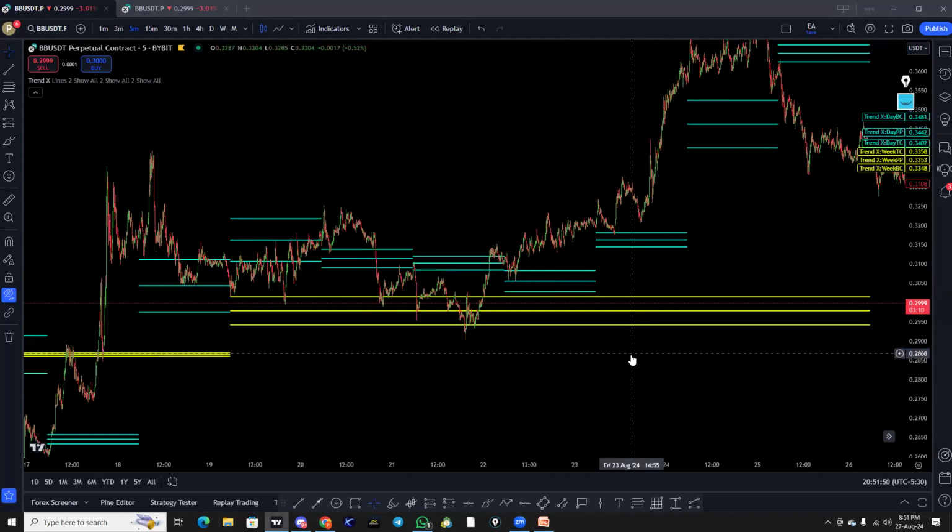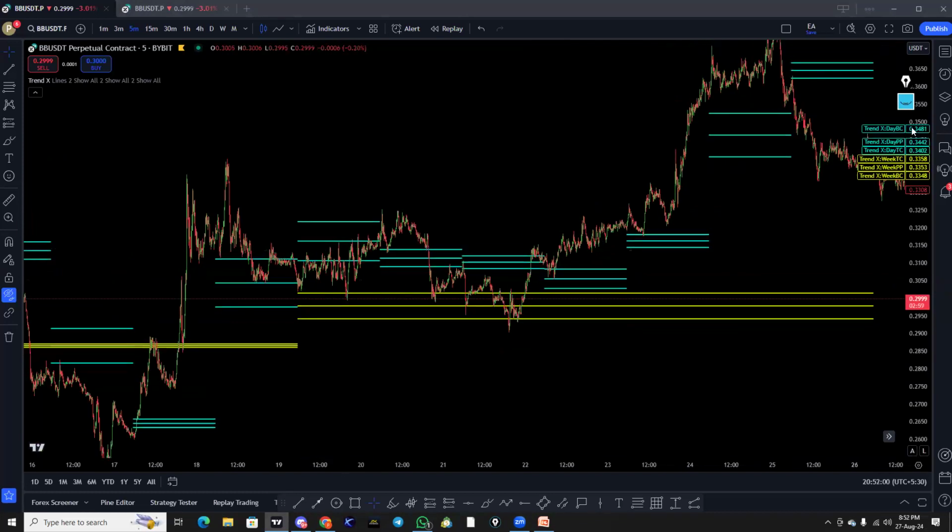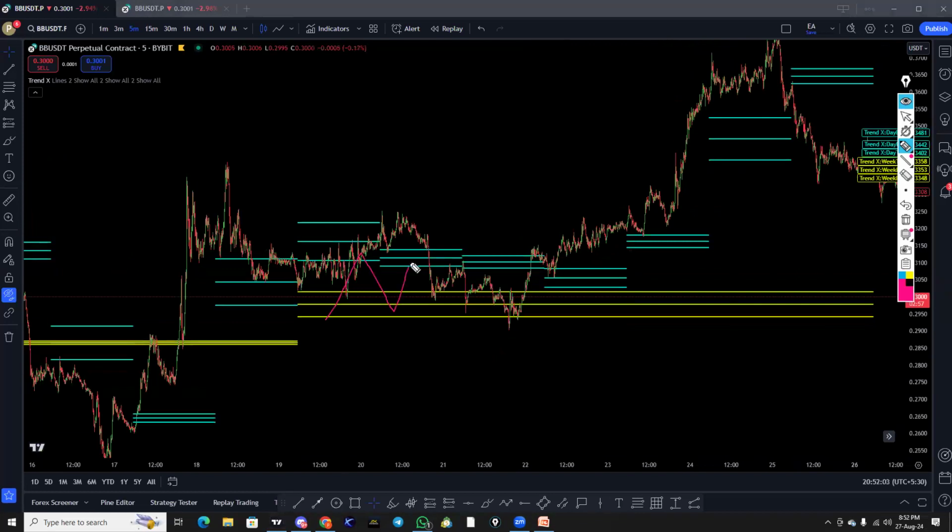Always remember the day one, I mean a Monday, we are not looking for any trades because the market will not have a good direction. It will wait for a breakout or whatever. But as soon as you can see, we got a sideways. Next day it tapped the trend X, went and hit the previous day high. So this is our first target. Immediately it came back, so again it was struggling.